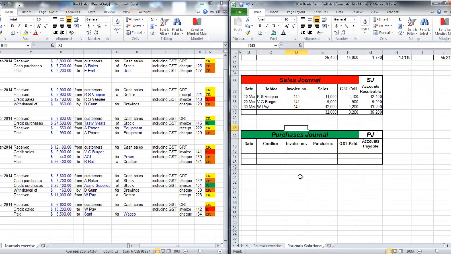Now the last one is the purchases journal. This is where someone comes into the business, gives us stock, and then we pay for it later on credit. Okay, also known as credit, also known as debtors. Yep, debtors, creditors.